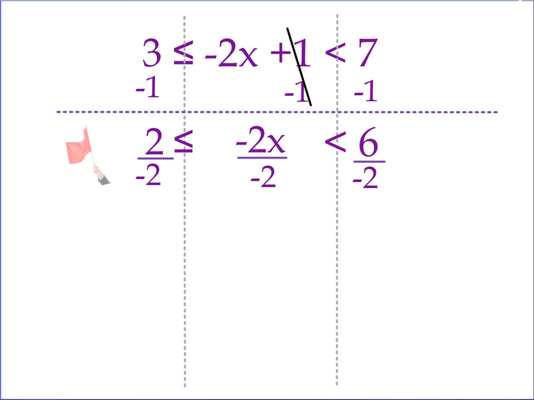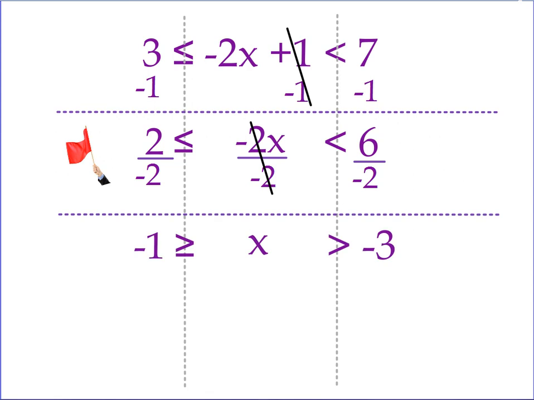This should be setting off a red flag in your head at the moment because we're dividing by a negative coefficient. And don't forget what that means, that we need to invert or flip our inequalities. I'm left with negative 1 is greater than or equal to x, which is also greater than negative 3. If that looks a little funny to you, it probably should, because negative 3 is actually the smaller number.